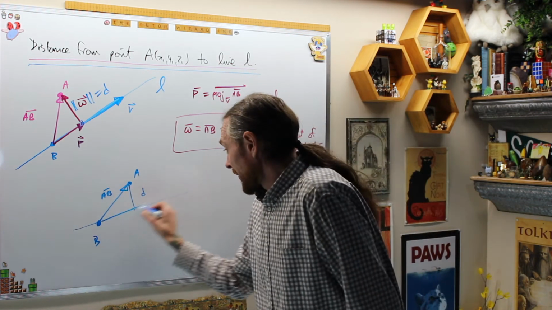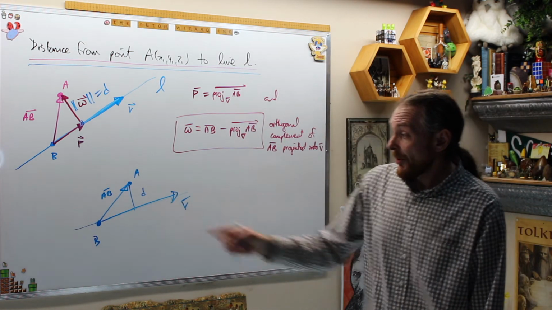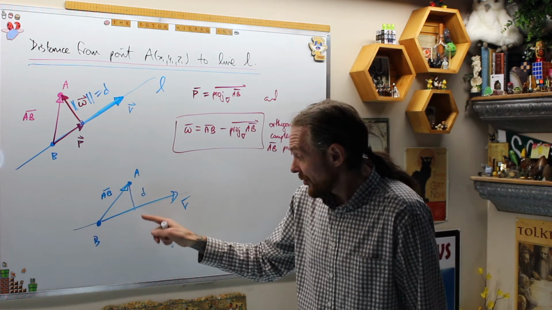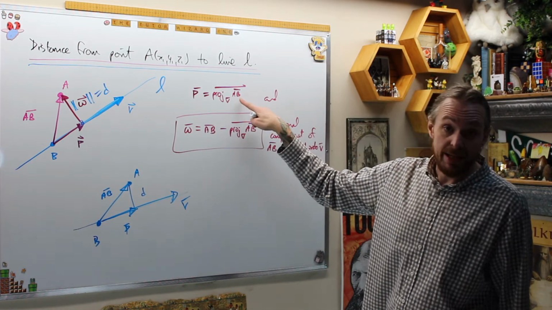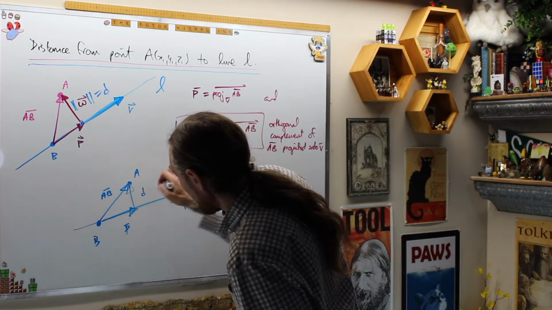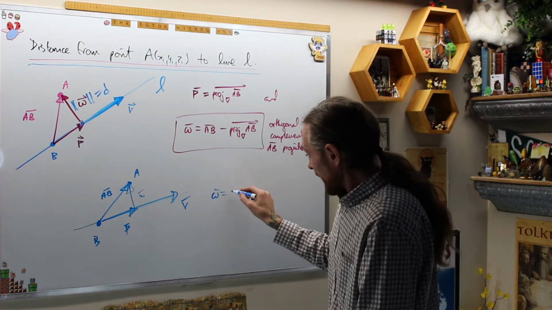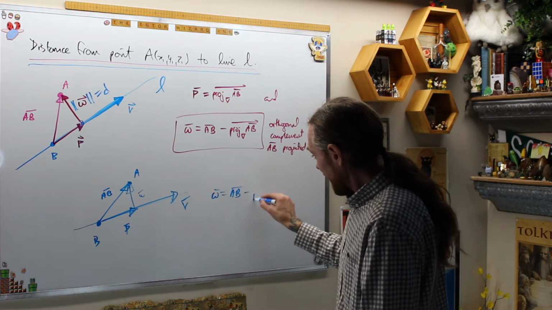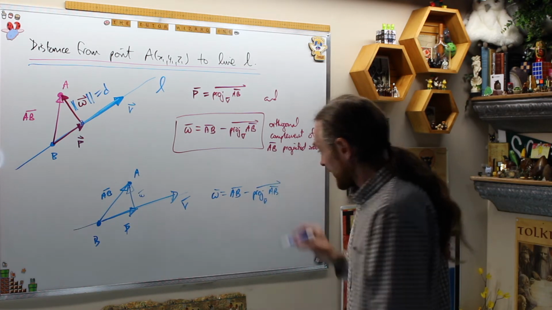Then I already know in the direction of my line is a vector V. I'm going to orthogonally project AB onto V to create P, the projection of AB onto V. But that's not what I want. I want this vector. That vector is W. W is AB minus the projection of AB onto V as a vector.